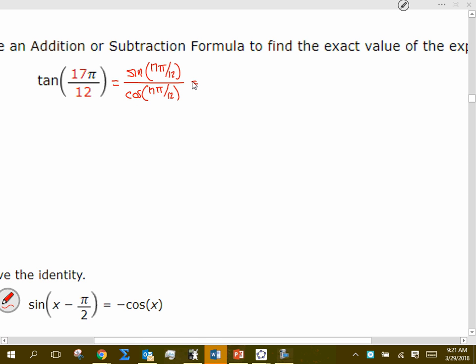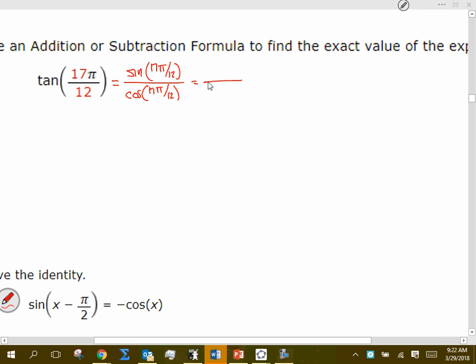Now, I think this is probably a fair statement for everybody. If I ask you to figure out off the unit circle which angles that have a denominator of 4 and 3 or 6, which combination of those will add or subtract to 17 pi over 12, that's going to take a little bit of effort, isn't it? Take a little bit of time.